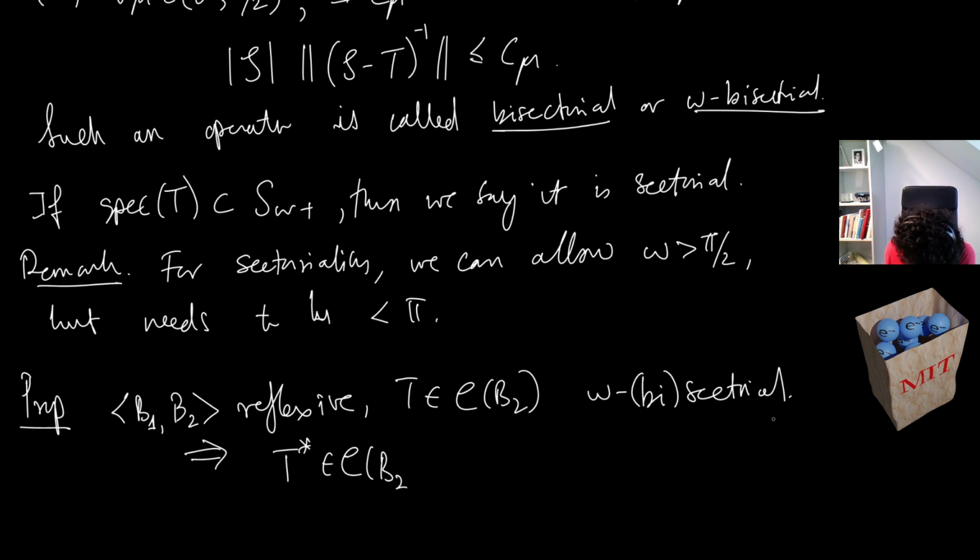When I say bisectorial, I'm always assuming dense definedness, because that's in the definition. So the adjoint is now also densely defined, obviously, and is also omega bisectorial.